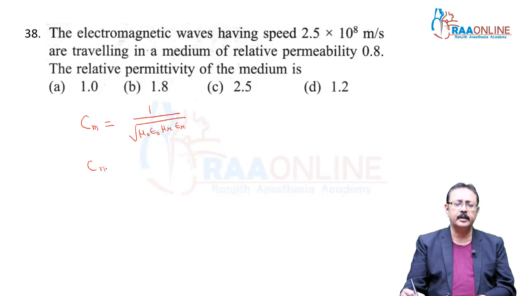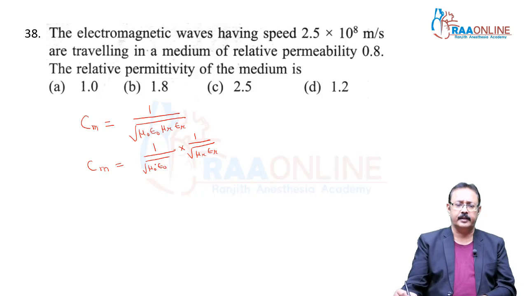We can do this like this: 1 upon under root mu naught epsilon naught into 1 upon under root mu r into epsilon r.